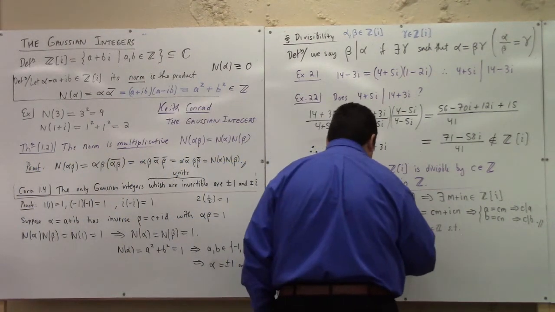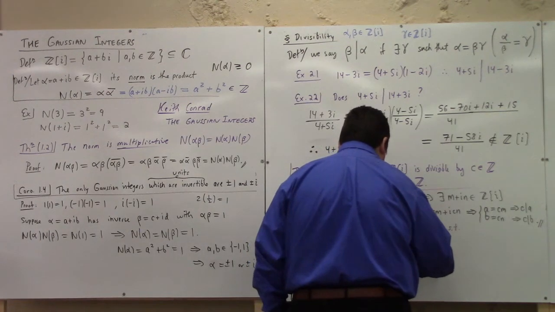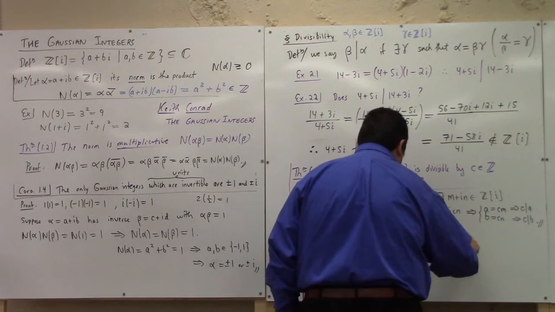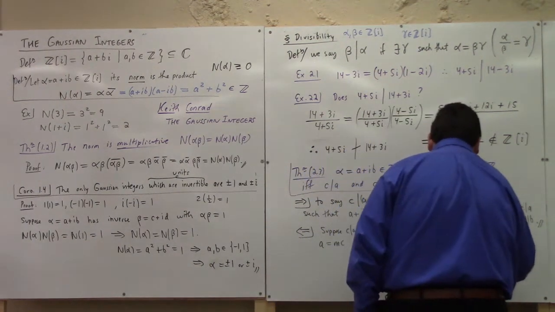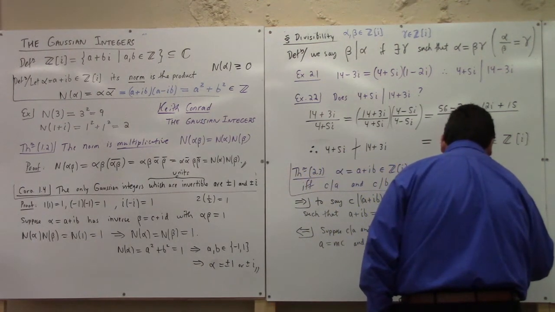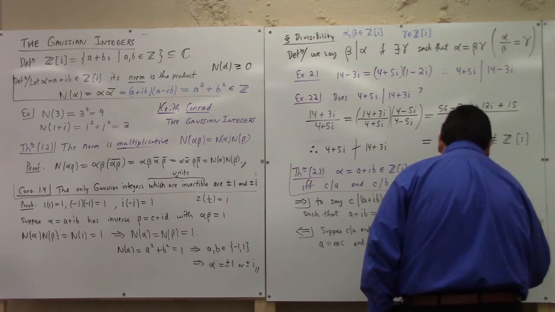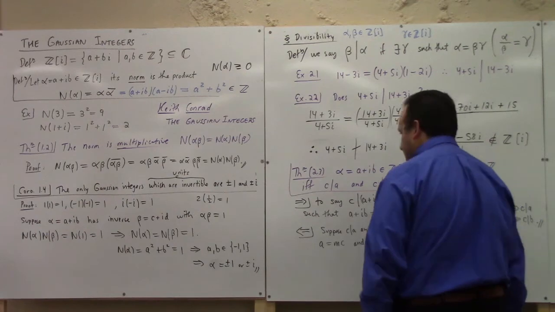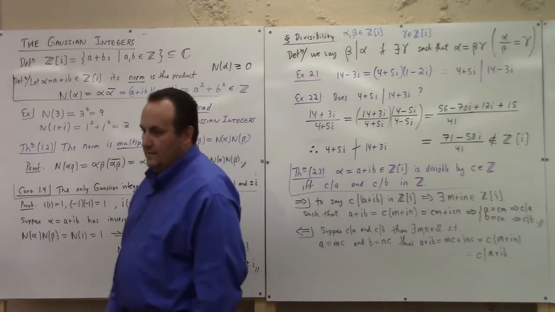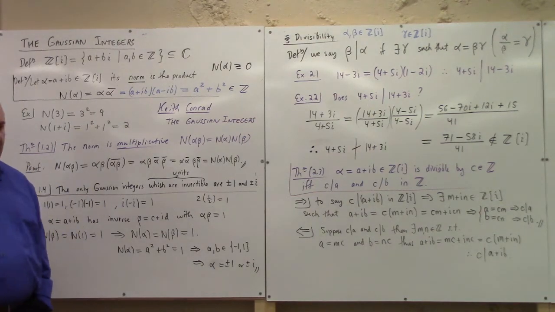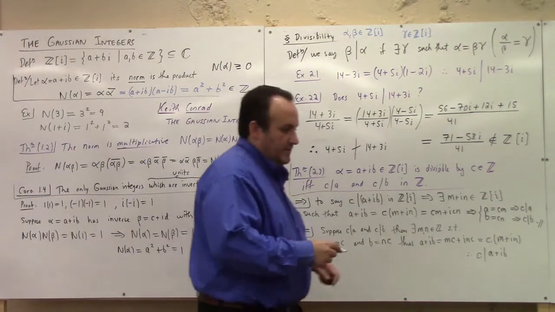Thus, a plus ib is equal to mc plus inc, which is equal to c times m plus in. Therefore, c divides a plus ib. You probably could change my wording a little bit and make this a biconditional proof, you know? But anyway, there it is.